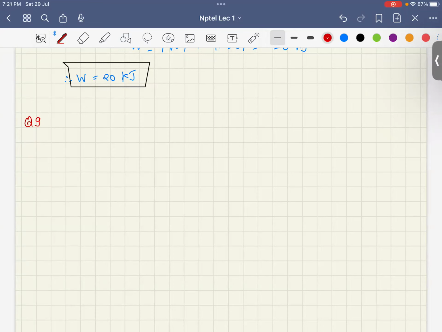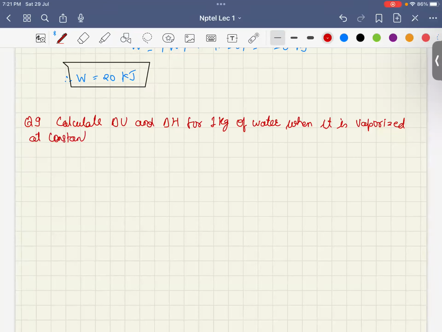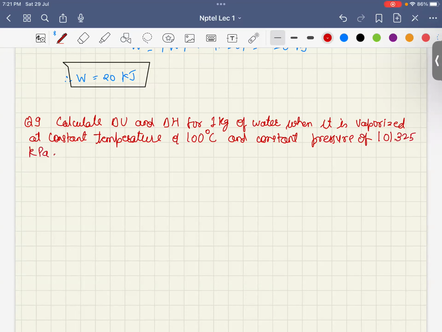What we are given is we have to calculate change in internal energy and change in enthalpy for 1 kg of water when it is vaporized at constant temperature of 100 degrees centigrade and constant pressure of 101.325 kilopascal. The question is similar to the one which we have solved.